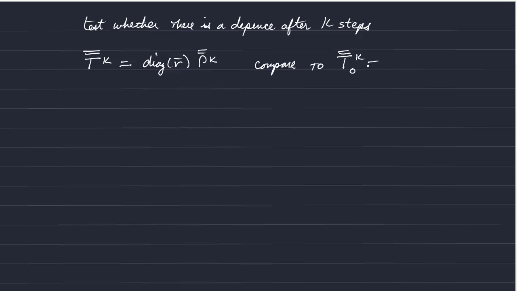And since they're independent of each other, it doesn't matter how many steps there are between that you're considering. So T0 raised to the kth power, multiplied by itself k times, is equal to T0 itself.